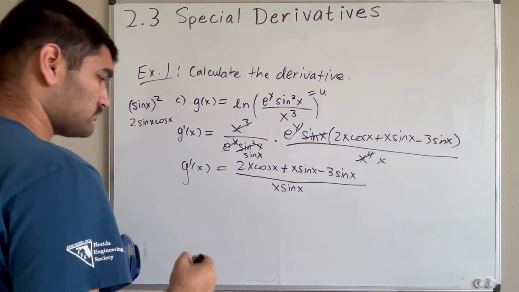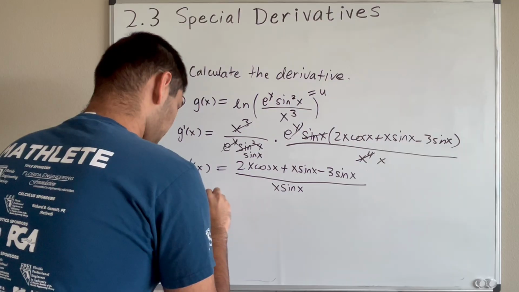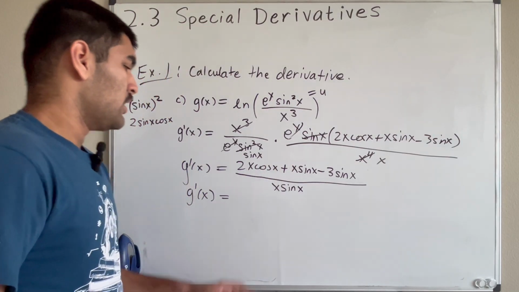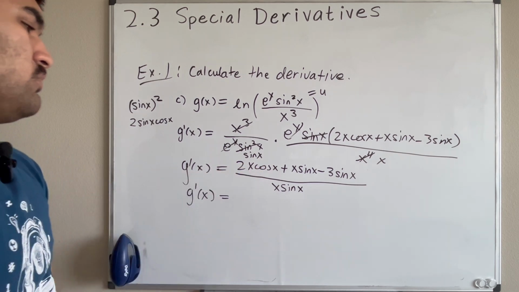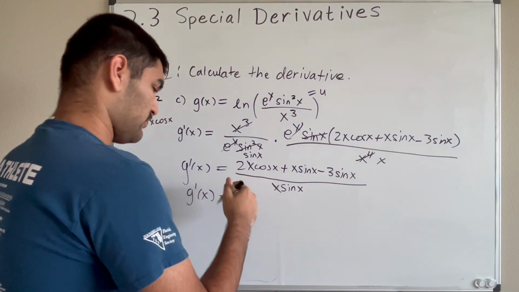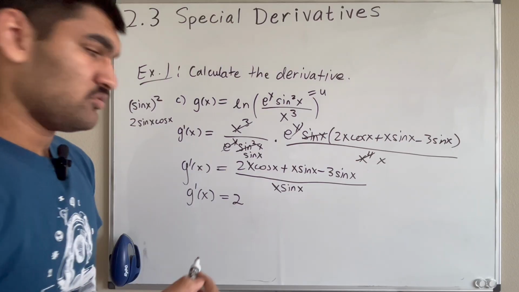All right. So now we can simplify this even further by breaking this up into 3 separate fractions, right? First, we have 2x cosine x over x sine x. So x cancels with this x, so we're just left with a 2, and then cosine x over sine x is just equal to cotangent x.